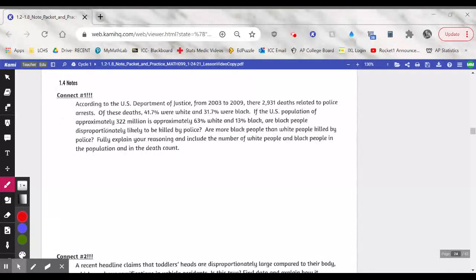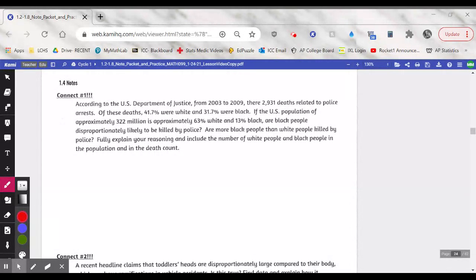If the U.S. population of approximately 322 million is approximately 63% white and 13% black, are black people disproportionately likely to be killed by police? It also has another follow-up question: are more black people than white people killed by police? Fully explain your reasoning and include the number of white people and black people in the population and in the death count.